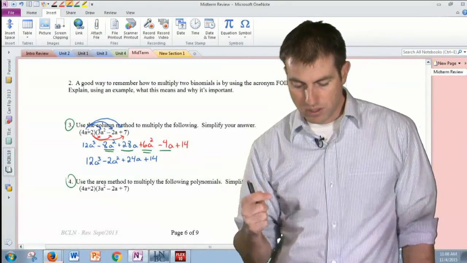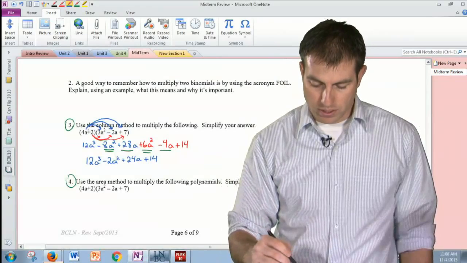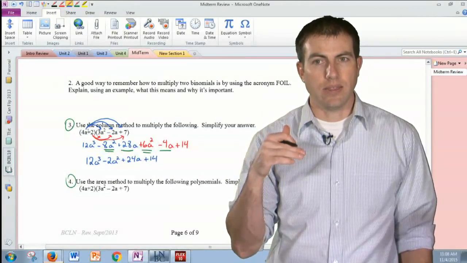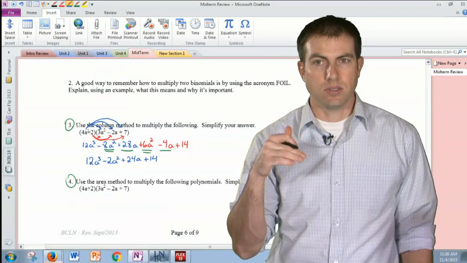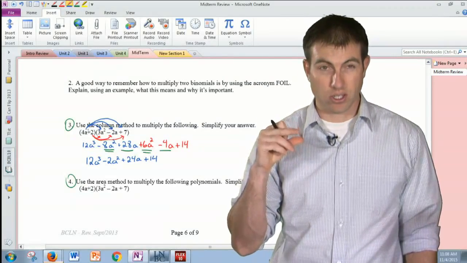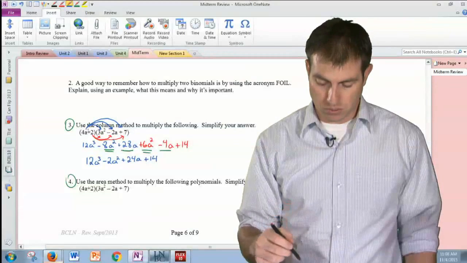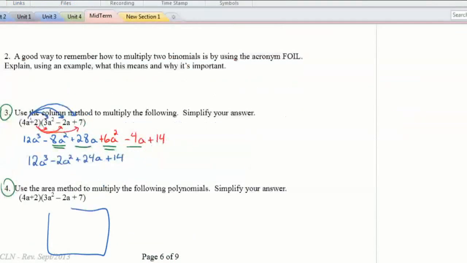The column method, basically, you write the 2 things on top of one another, and then you just add them vertically. The area method, I don't even know how to do it, to be honest with you. I know you draw like a rectangle and write the 4a plus 2 on one side and the 3a squared minus 2a minus 7 on the other, and then you put the area in the middle or something like that.